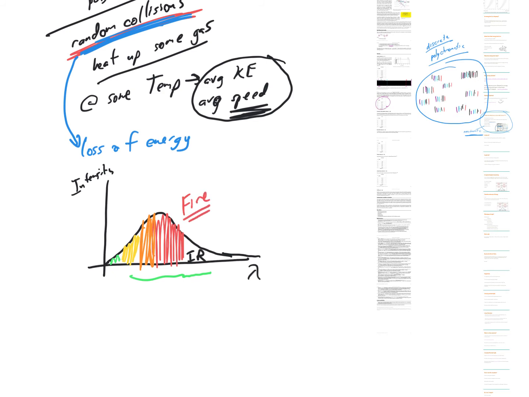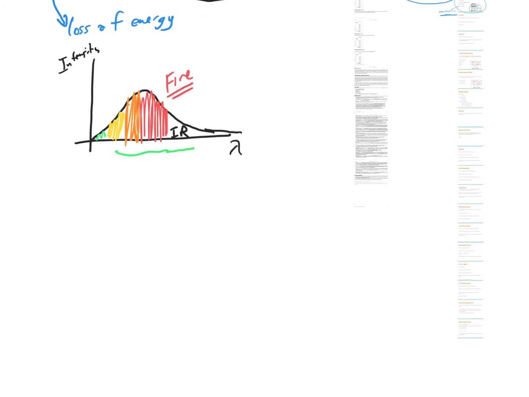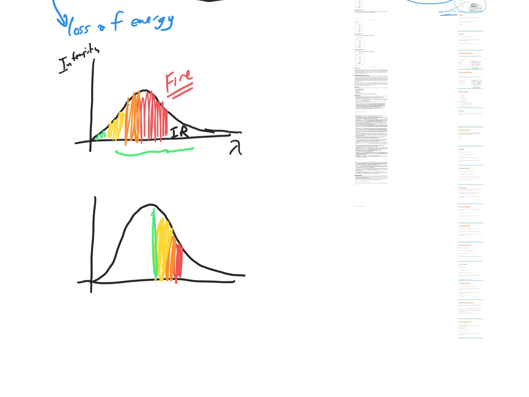What if we have something hotter? What if we have something hotter like a star? Okay, so our star has a black body curve. In that black body curve, it's got red light and it's got orange light that's being emitted, and it's got yellow light that's being emitted, and it's got green that's being emitted.